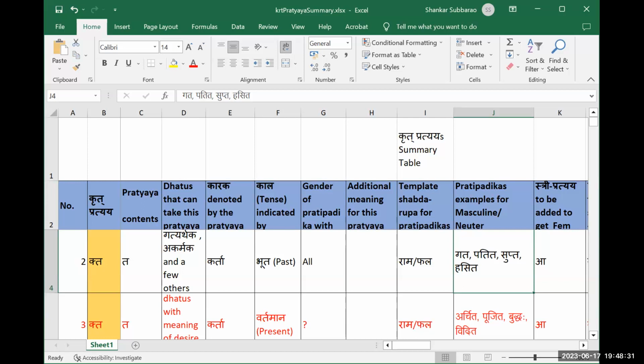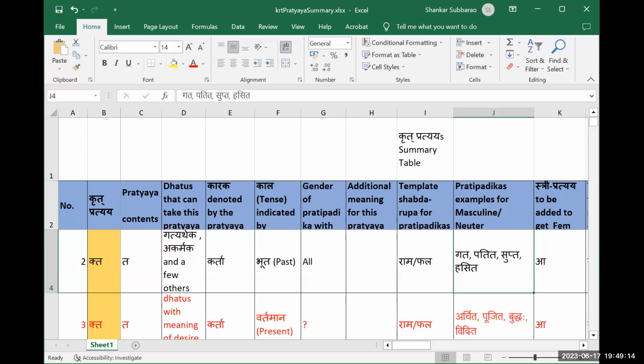I'm just showing you that even though the word gatavan has got an inbuilt kartari vyutpatti, it is denoting the karta, it can be an object also. Because what is seen? Drishyate. What is seen? Gatavan drishyate. So even though the word is in kartari prayoga, it can go in karmani, bhave or kartari. The derivation of a kridanta does not in any way preclude its usage in any of the three prayogas.